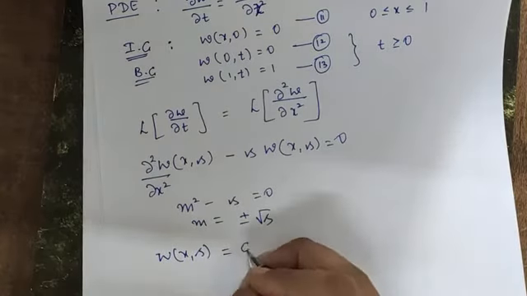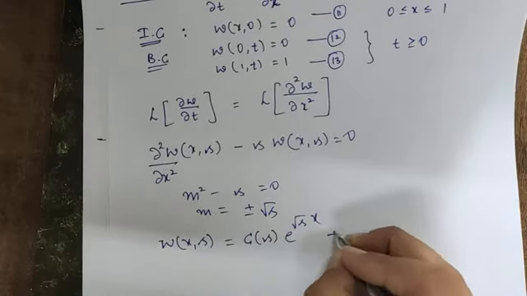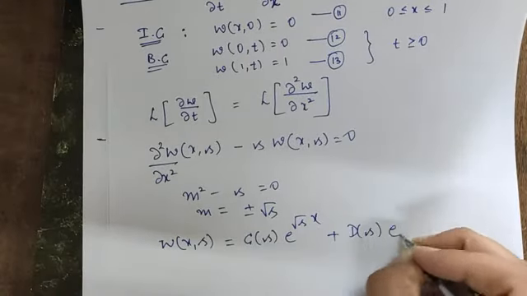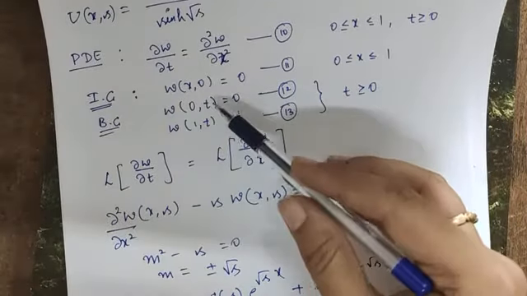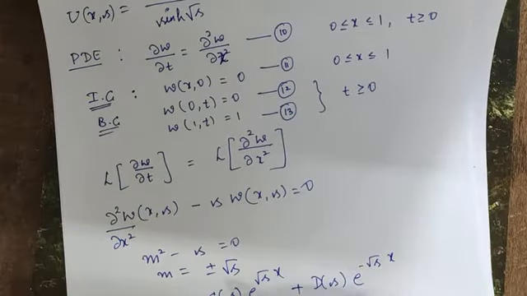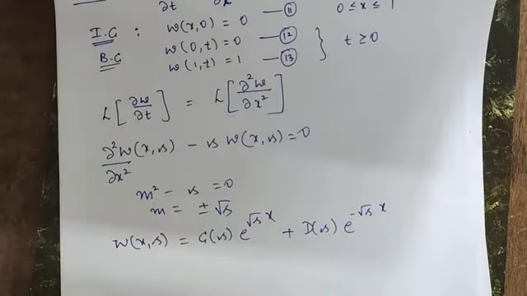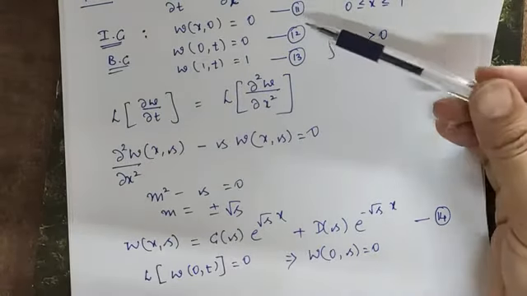now I will use some other constants, say c(s) e^(root s x) plus d(s) into e^(minus root s x). Similarly I should use the boundary conditions and find the values of these unknown constants. Let's do that. Here I have used your equation number 12.